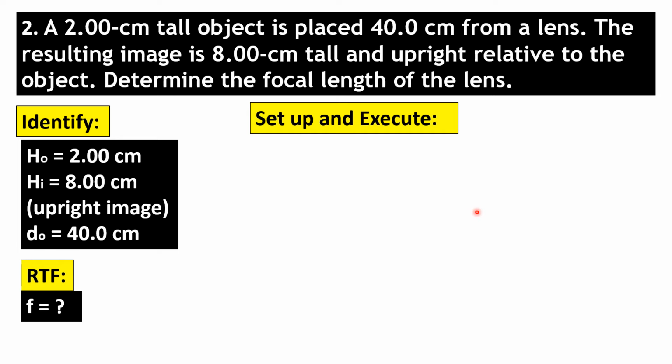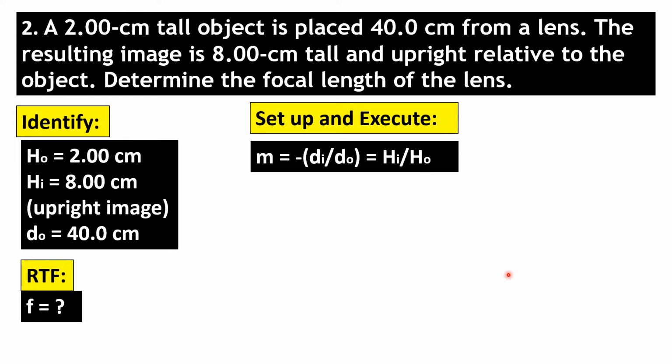We are required to find the focal length f. So we don't know the focal length. To calculate it, we will use, as usual, the formula for determining the magnification first, because we don't know yet what the image distance is.